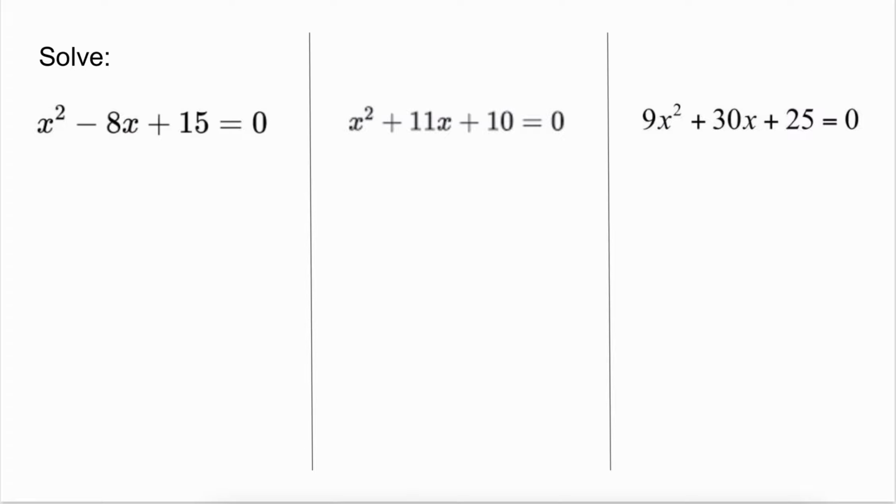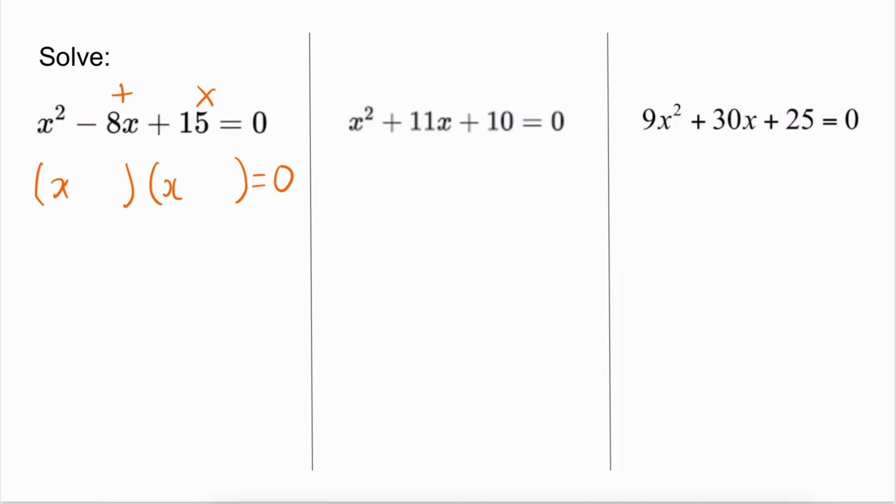So in this particular one, the first one, it's a 1x squared. So it's nice and simple. We're just saying what times together to make 15 and what adds together to make minus 8. So I know that my brackets are x and x.